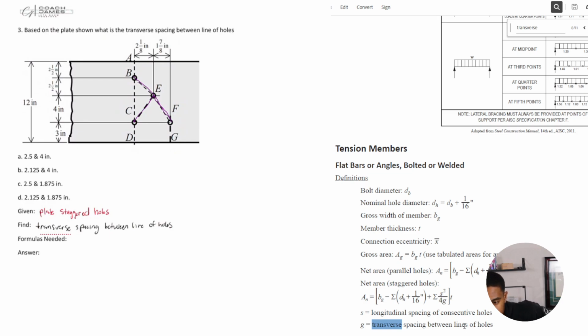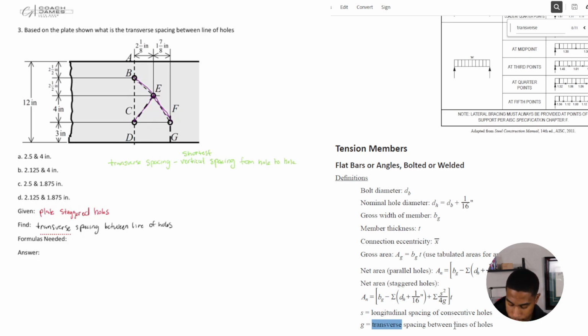In order to know this, just remember that transverse spacing is always the vertical spacing. You can say it's the shortest vertical spacing from hole to hole.